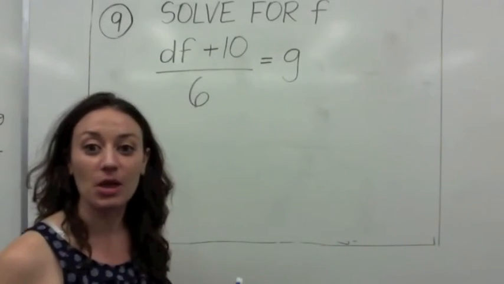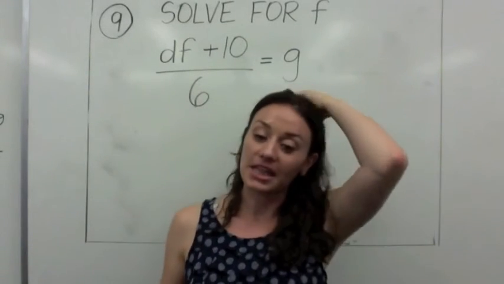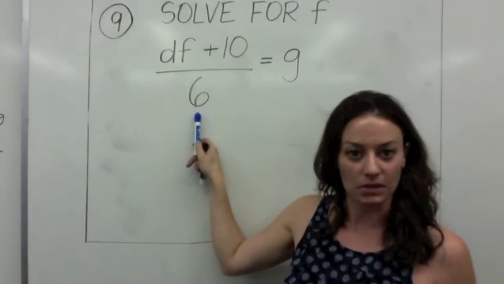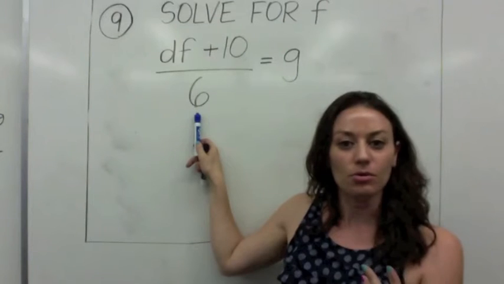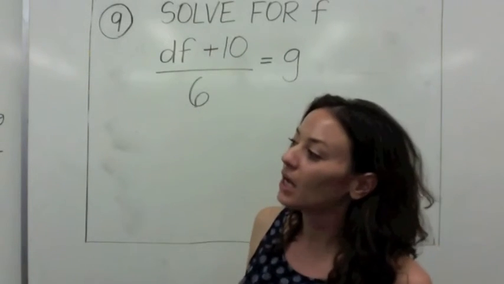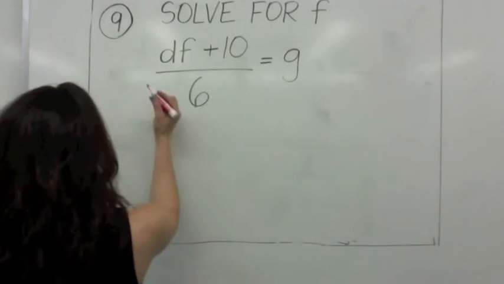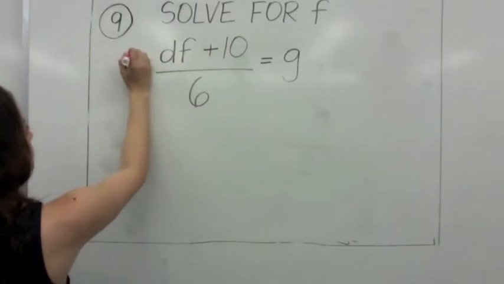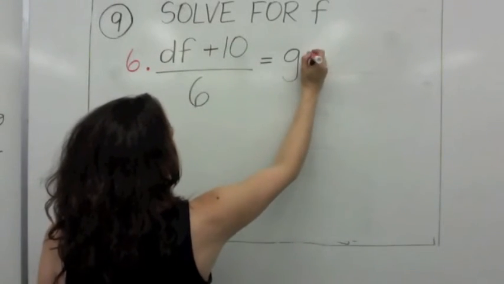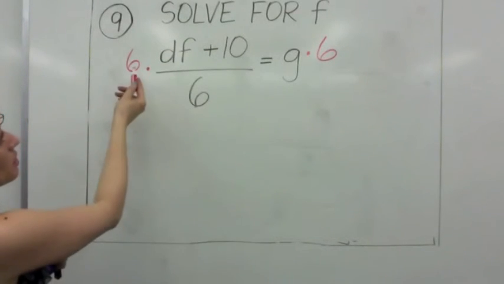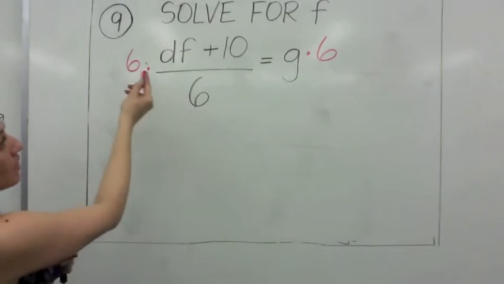So what's the first thing you have to do? You have to realize that whatever this expression is right here, the df plus 10 is being divided by 6, okay? So you're going to undo division by 6. What is the opposite of dividing by 6? It is multiplying by 6. So you multiply both sides by 6. And when you do that, you can cross cancel. 6 divided by 6, that's the whole point, right?